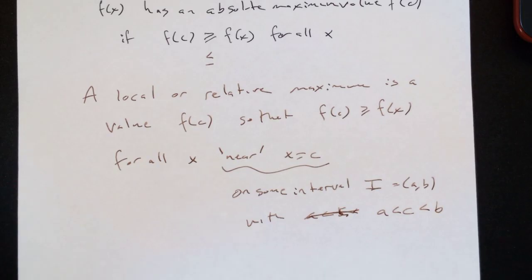A local or relative maximum is chosen in some given interval. So it's local to the neighborhood we've chosen, relative to that interval. And if I change the interval, I can change the answer.